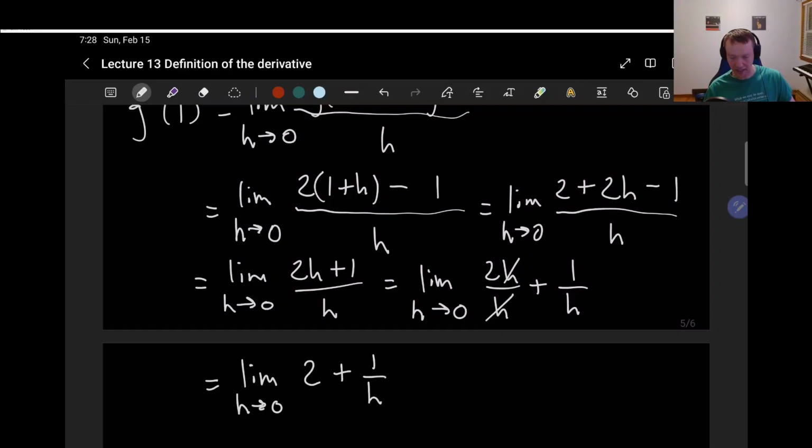But I'm not able to cancel this 1 plus h over here. But we can actually finish the problem. It's only when you have a 0 over 0 where you can't tell what's going to happen. It's called an indeterminate form. The same is true of infinity over infinity, but I'm talking about 0 here.